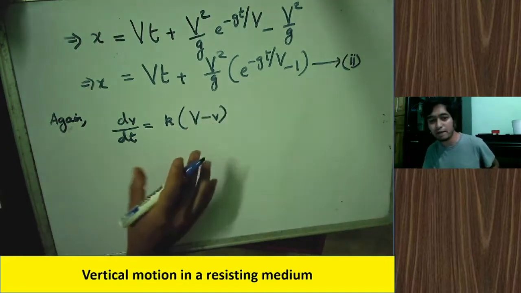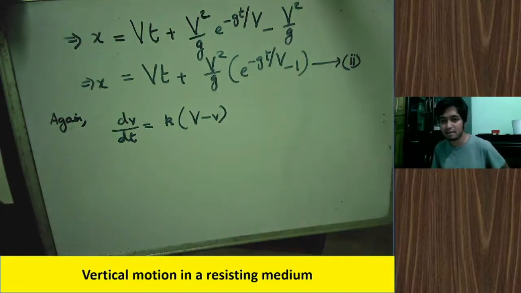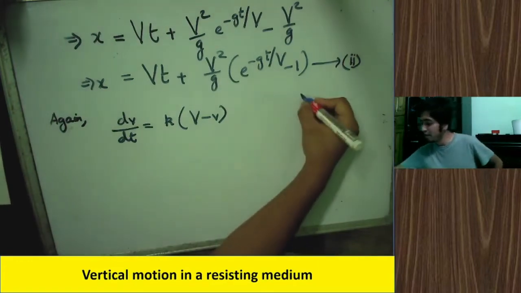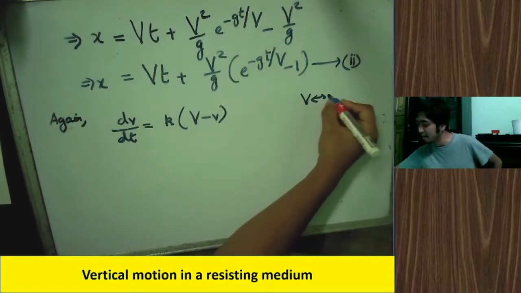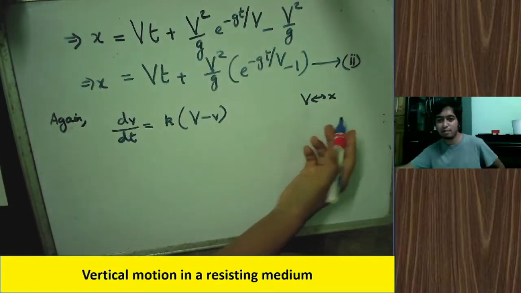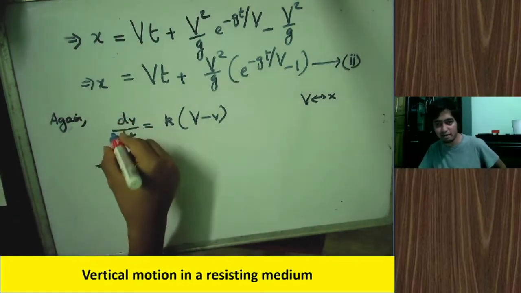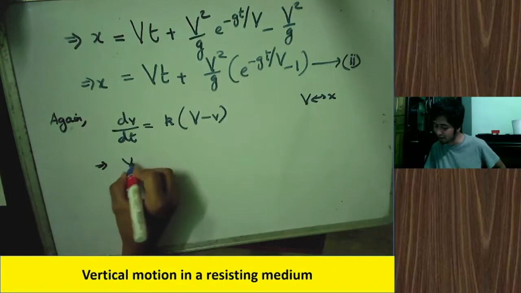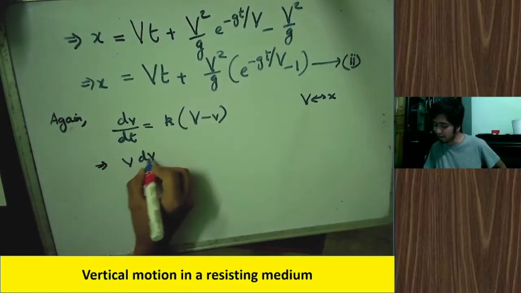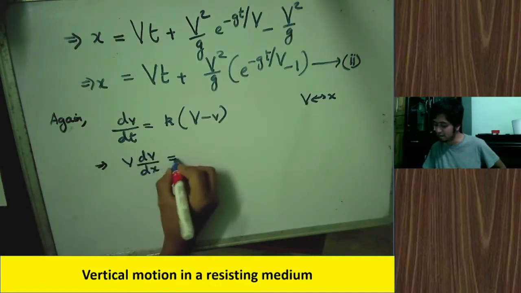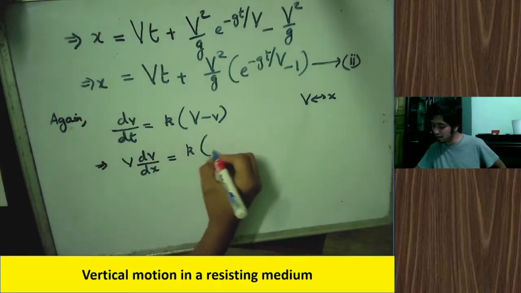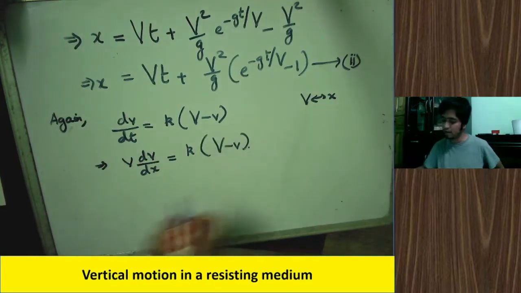Since we want a relation between v and x, instead of writing the acceleration this way, we can write it another way, which is v dv/dx, equals k times (capital V minus v).